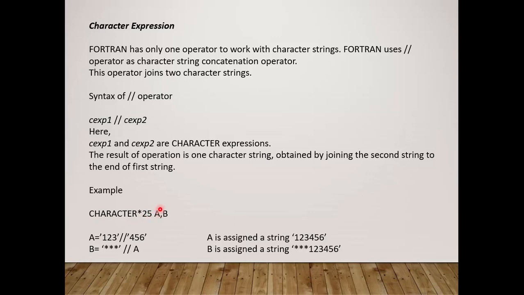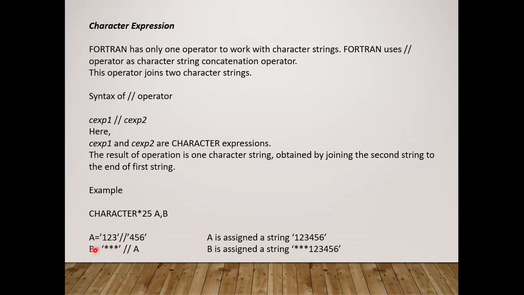So a and b both have a length of 25. Here we have written a equals '123'. There is a single quote, and whatever we write in single quotes is considered as character, and double slash, in single quotes again '456'. So you will get the value 123456.